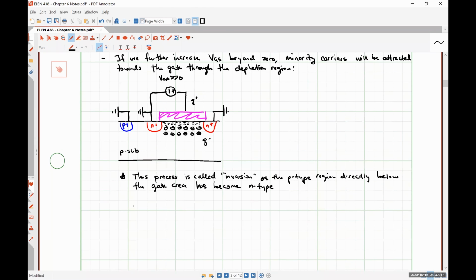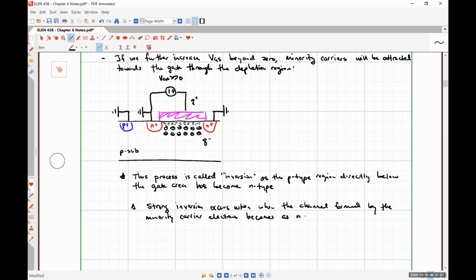So strong inversion occurs when the channel formed by the minority carrier electrons becomes as N-type as the substrate is P-type.